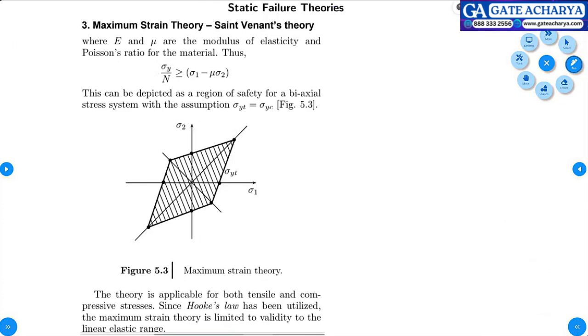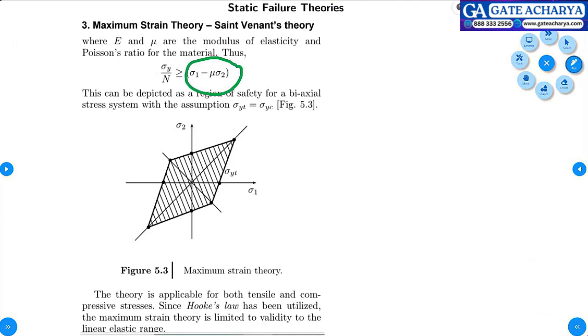So the next one, maximum strain theory, Saint-Venant's theory. It has been suggested that you take a biaxial system, right? At a particular point, when the stress value is equal to this much amount of stress, one principal stress minus Poisson's effect into another principal stress, when this value is reached, yielding will happen, failure will happen.